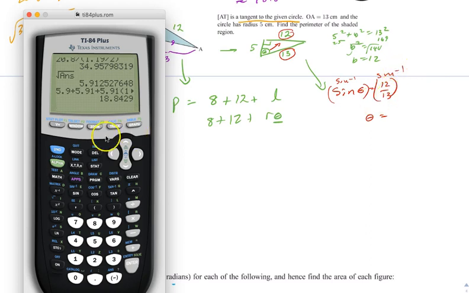So sine inverse of 12/13: second sine, 12 divided by 13. And I get about 1.176 radians. So again, that's in radians.